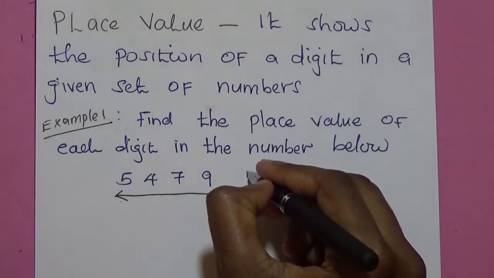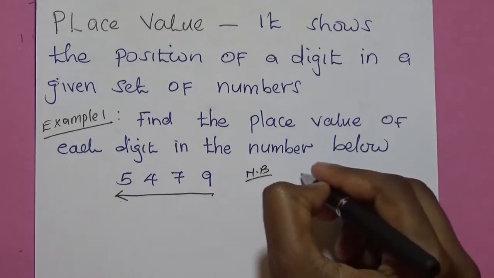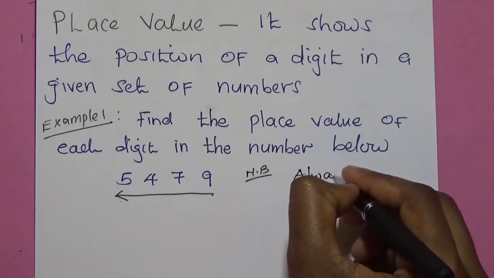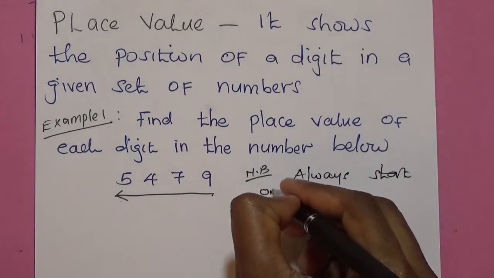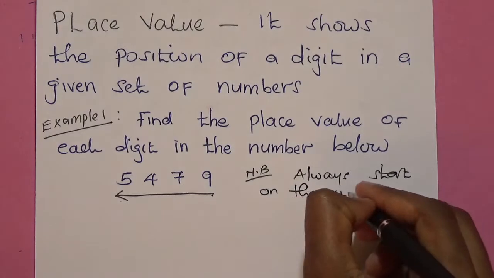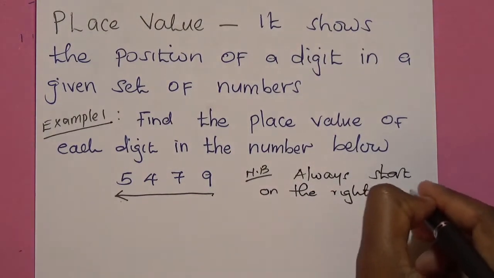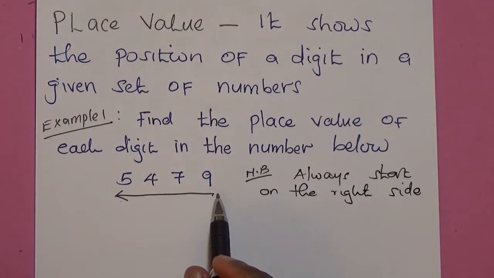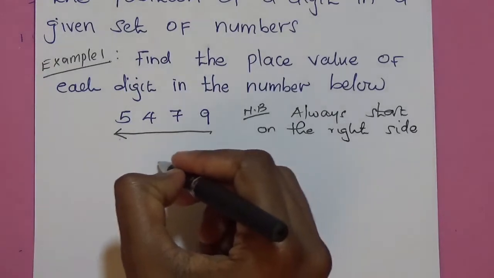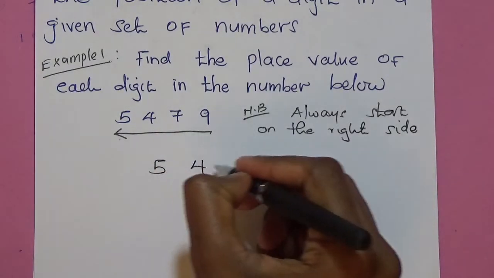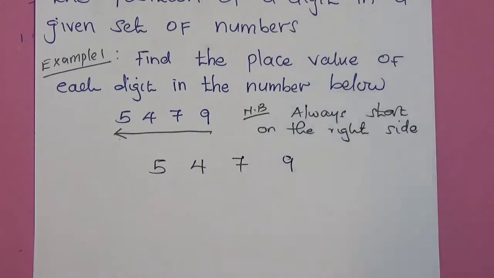So step number 1 and B, you always start on the right side. You start on this side going to the left. So let us write this number down. We have 5, 4, 7, 9.